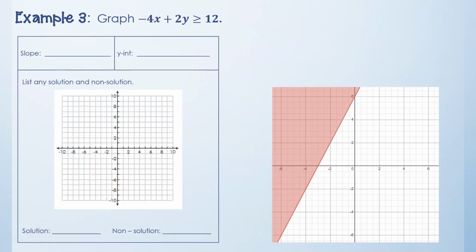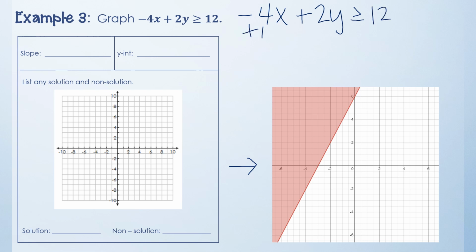Our last example, we're going to graph -4x plus 2y is greater than or equal to 12. So again, as you guys get used to doing these problems, you can utilize Desmos and find the points and use that to create your graph. Or you can take this inequality like I did on the last example and manipulate it into slope-intercept form.